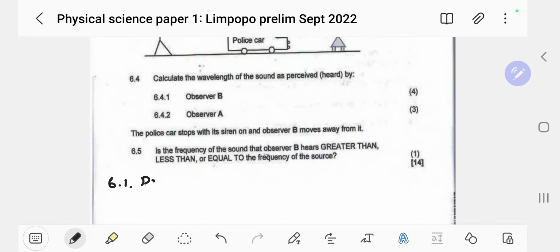So we know that the Doppler effect is defined as a phenomenon. Okay, it's a phenomenon. Let me try and put the words nicely. You know, sometimes it's easy to just mess up.